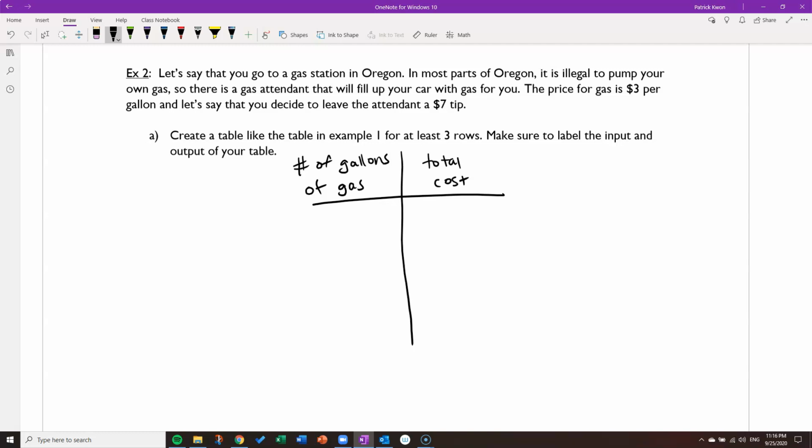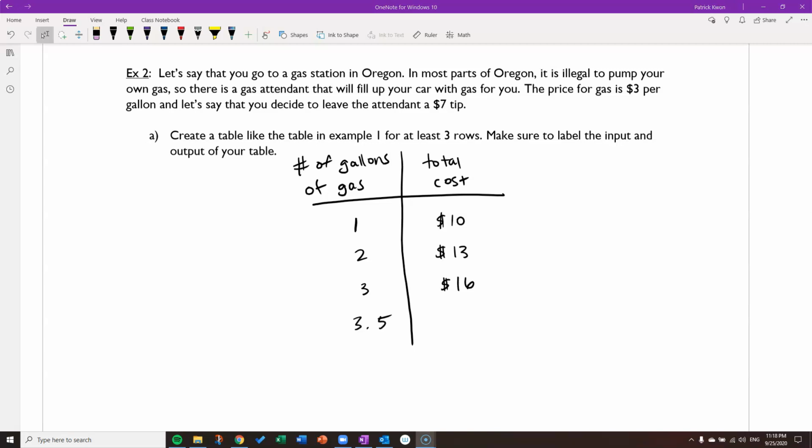So let's say maybe if I get 1 gallon, then 3 times 1 is 3 plus 7 would be $10. If I get 2 gallons, then 2 times 3 is 6 plus 7 is $13. And if I get 3 gallons, 3 times 3 is 9 plus 7 would be $16.